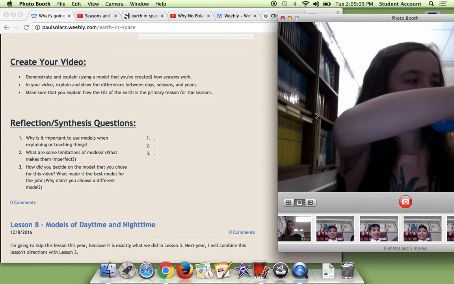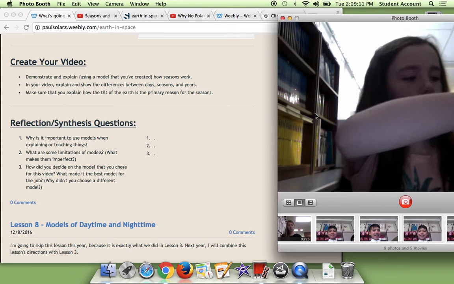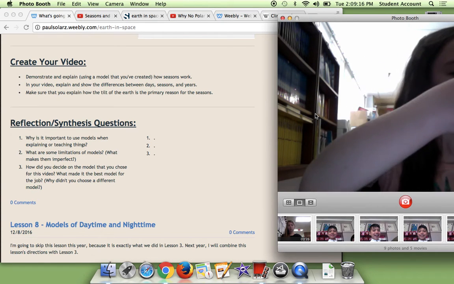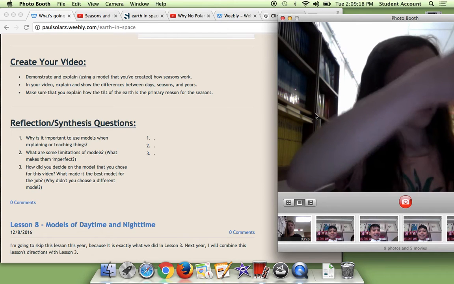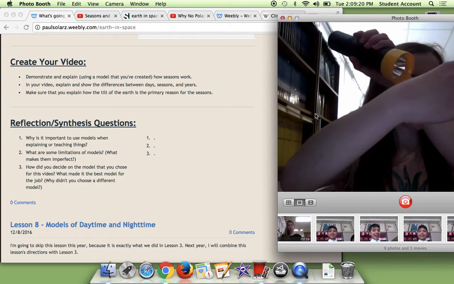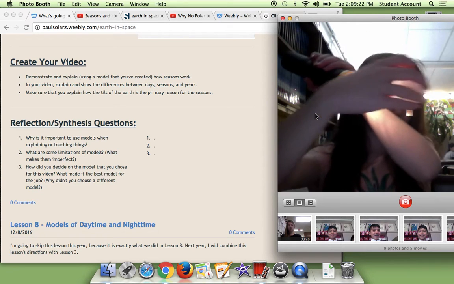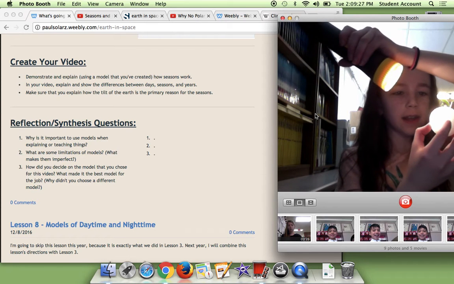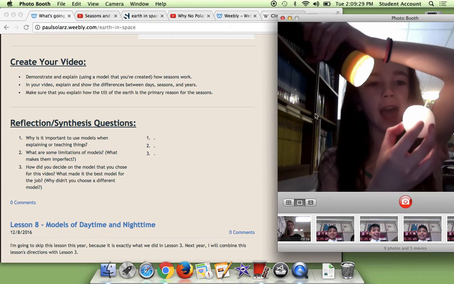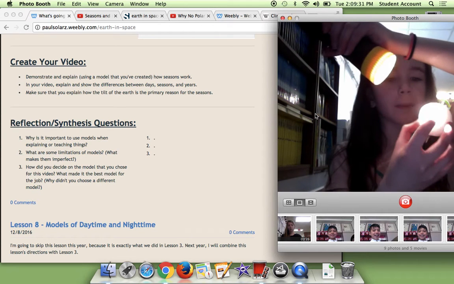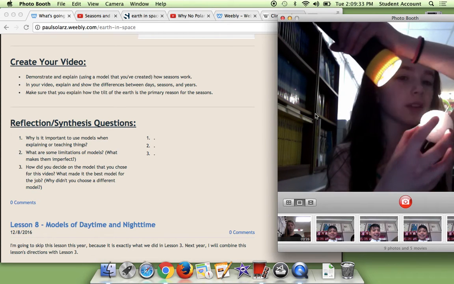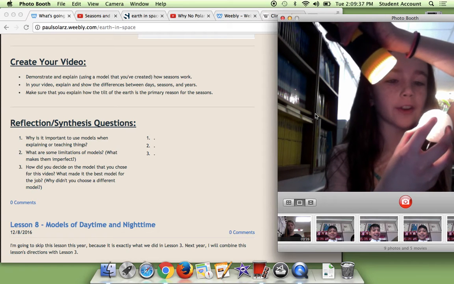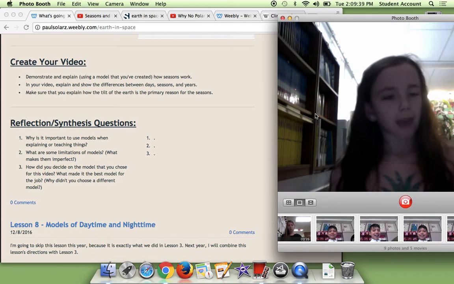This is summer. Right here, the sun's right here. The axis is facing this way, so the equator is still getting lots of light, but the northern hemisphere is getting more. That makes it summer.